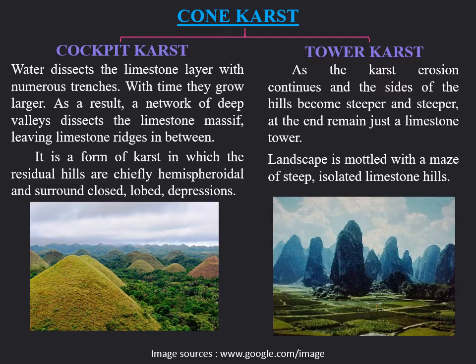The first one is the cockpit karst, where water dissects the limestone layer with numerous wide trenches, and as a result, a network of deep valleys is produced, which is surrounded by these kinds of limestone mounds or limestone ridges in between.